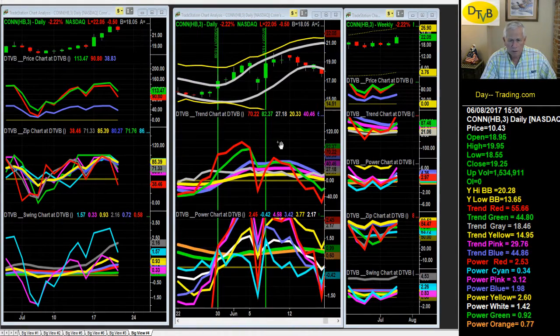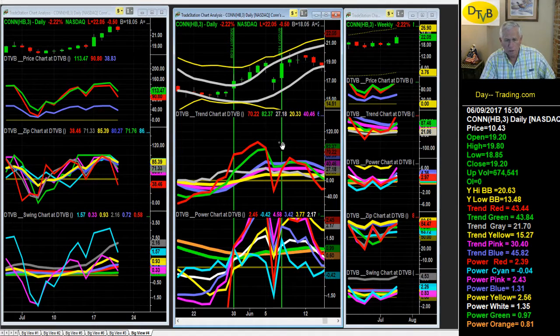On these two green lines here, we have power red crossing under zero this day where it gapped down, and then crossing back over zero where it gapped up. And as well, trend red went under zero and back up over zero along with that.